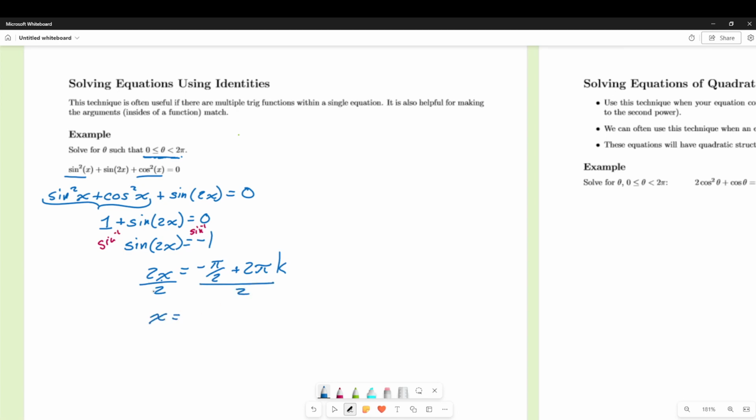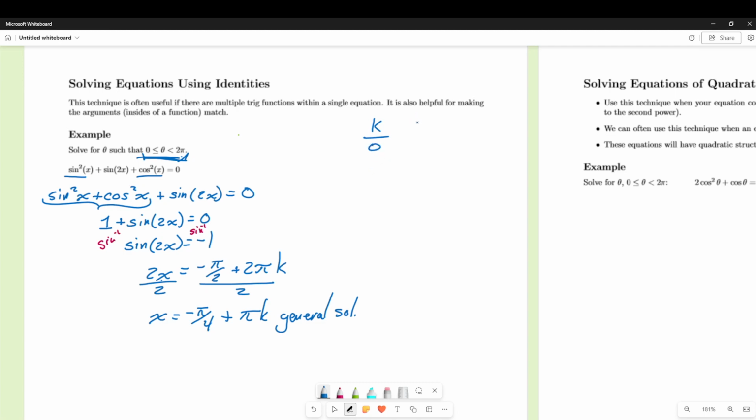So to finish our solving, divide by the 2, and we'll get negative pi over 4 plus pi k as our general solution. Now we were asked for only solutions within the first rotation from 0 to pi, so we can start throwing in k's and seeing what's going to happen.